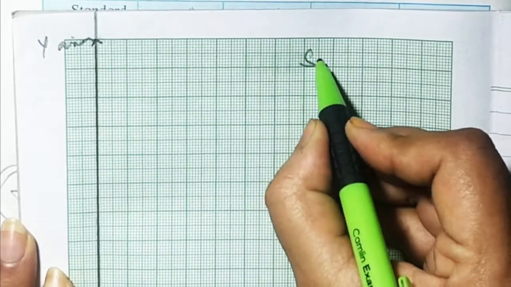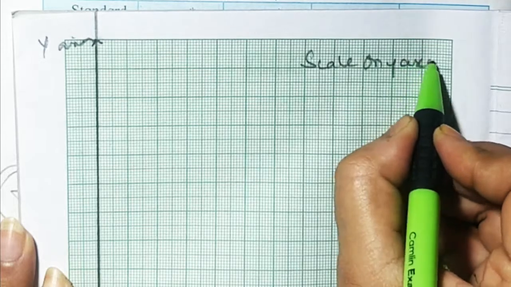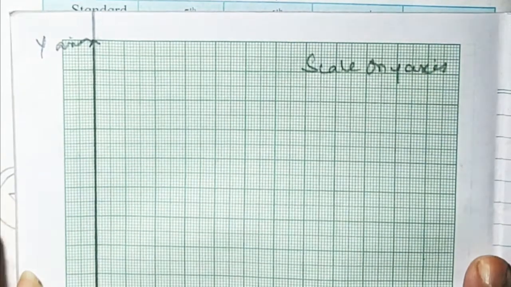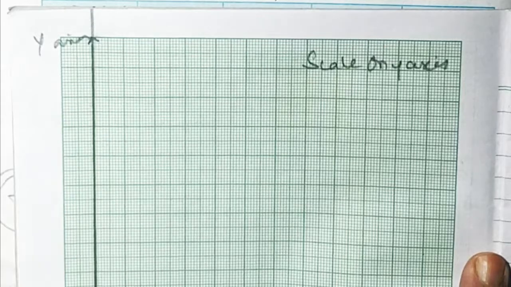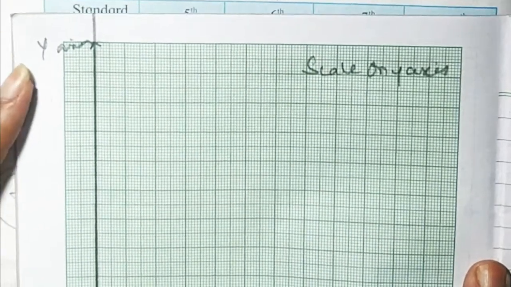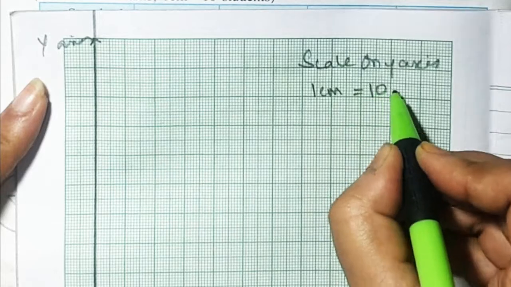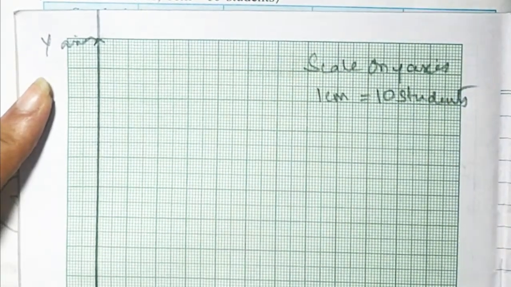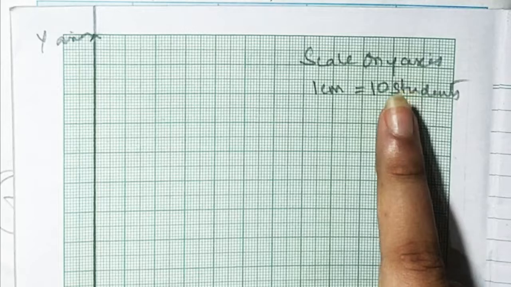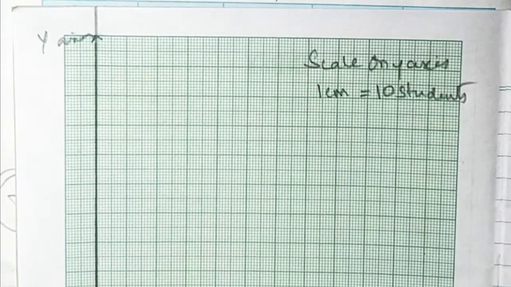So we'll write it here, scale on y-axis. The very most important thing is to write your scale here: 1 centimeter is 10 students.